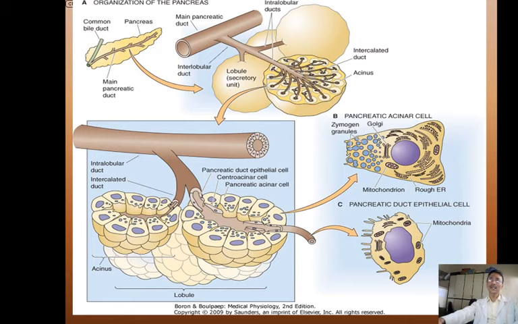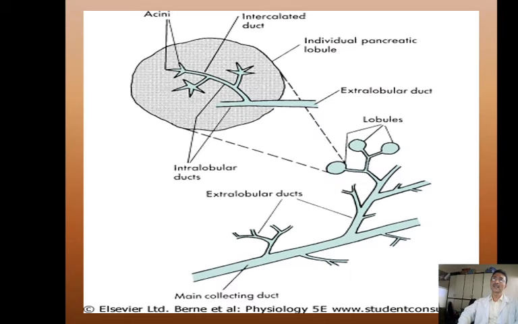In other words, the gland cells, which are the acinar cells, are responsible for the synthesis and storage of the pancreatic enzymes, whereas the ductal cells, which are the cells lining the ducts, are responsible for the secretion of the bicarbonate ions. In the next few slides I'll explain to you the importance of these things.